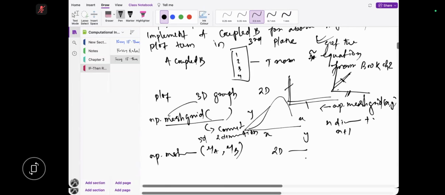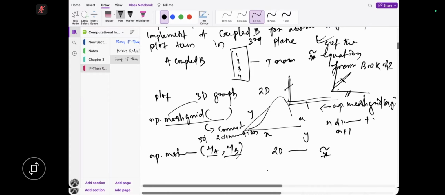Once that is done, you have these two and you have to solve the T norm. The T norm has 4 parameters, so you have to plot 4 different graphs and see how they are different from each other. This is the task.